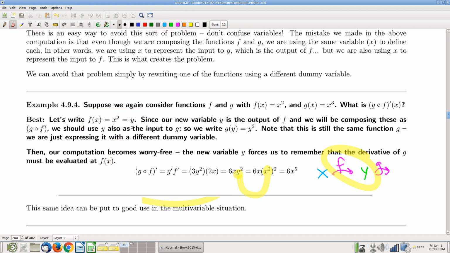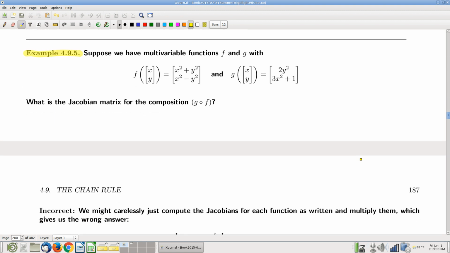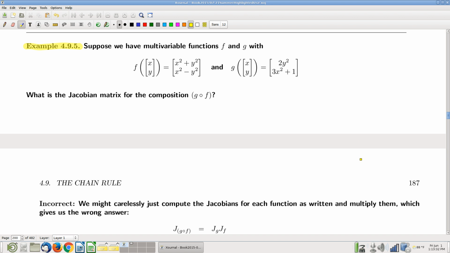Okay, all right, so this is, like I say, all single variable calculus, a flashback to a long time ago. The point is that the same situation comes up in a multivariable context, and it's arguably more notationally dangerous there. So here's a pair of multivariable functions, both from R2 to R2.